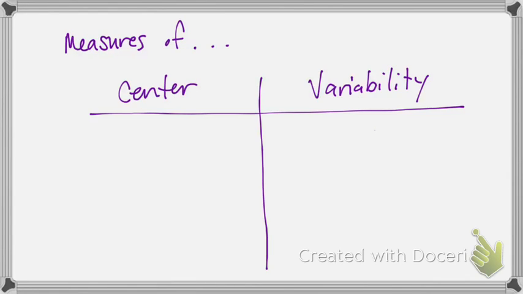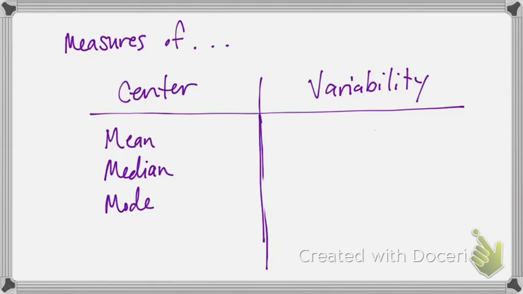We're making another T-chart. So measures of center, there are 3. What are they? Mean, median, and mode. Good job, guys. When we discuss data, what are the 2 that I would report, and what is the one that I don't report?